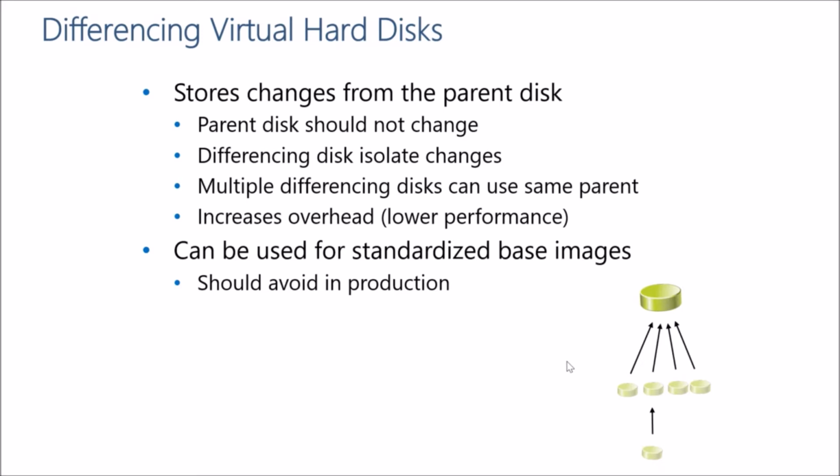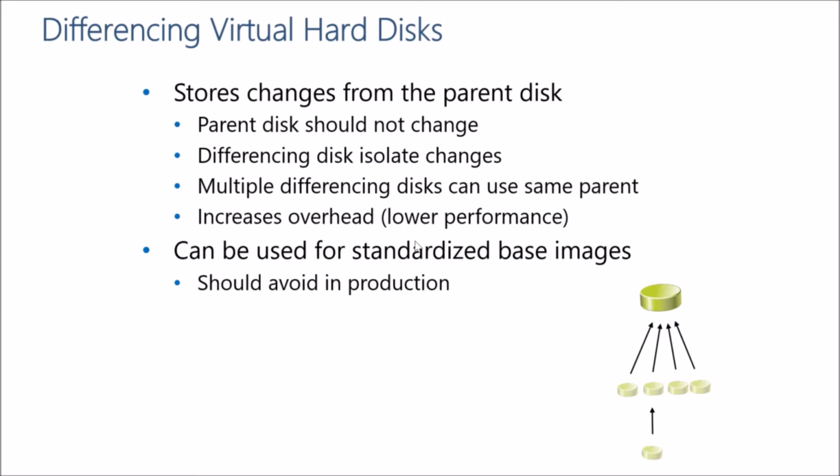But it does increase overhead and it lowers the performance, and it can be used for a standardized base image, which should be avoided in production. So that standardized base image, guys, sounds like our idea of the golden master, isn't it?